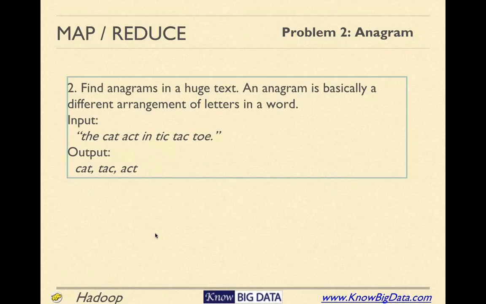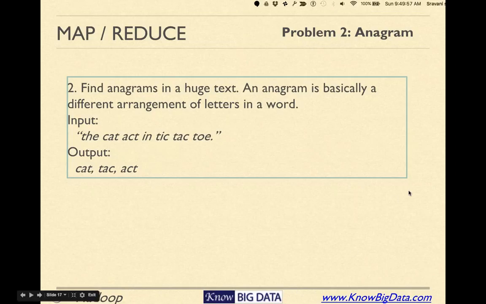An anagram means that if you rearrange the letters of one word, it becomes another word. There could be many anagrams of the same word. So all we have to do is find out who is an anagram of whom in this big text file.